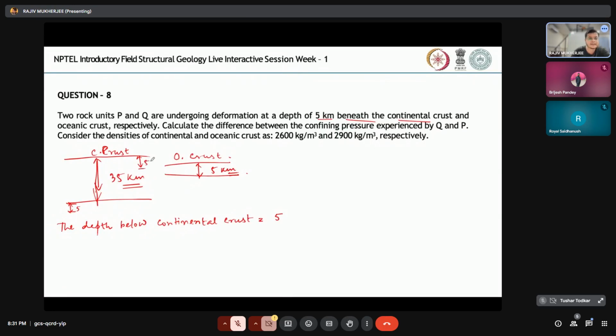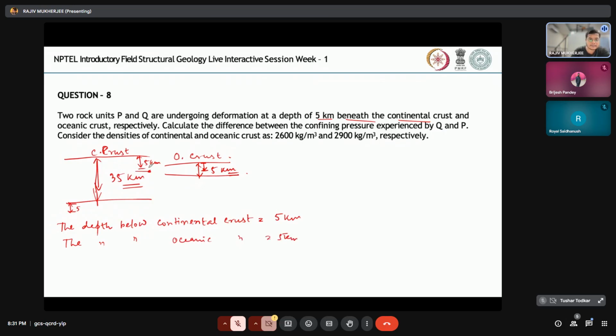Sorry. So you are going from the top surface 5 kilometers here, and for oceanic crust, from the top surface to the depth of 5 kilometers. Oceanic crust, 5 kilometers, right?